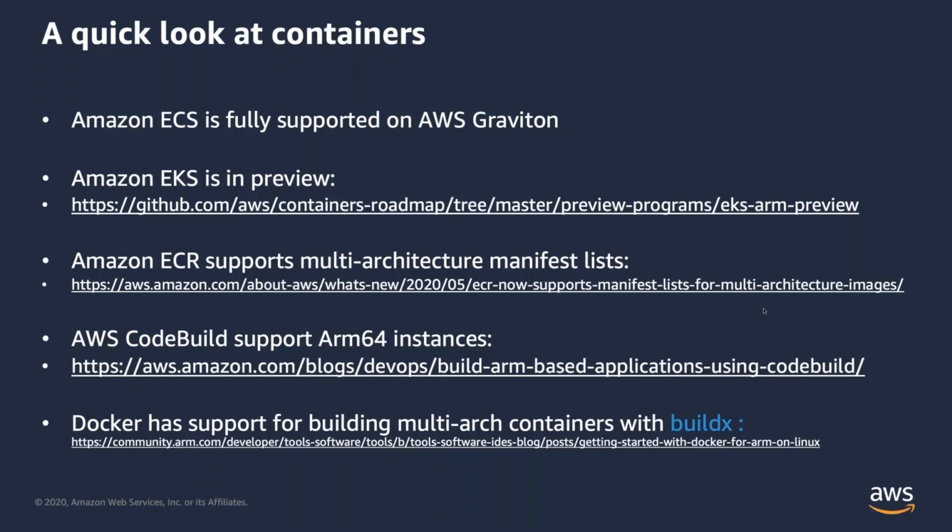Our AWS CodeBuild service also supports ARM64 instances, which means that you can compile and generate binaries for the ARM64 architecture, and you can generate containers for the ARM64 architecture. And Docker obviously has support for building multi-arch containers with BuildX.